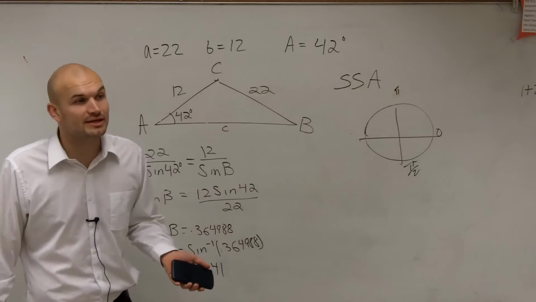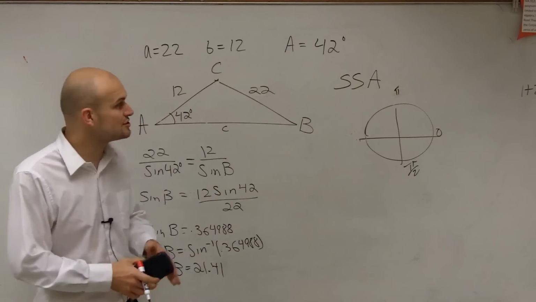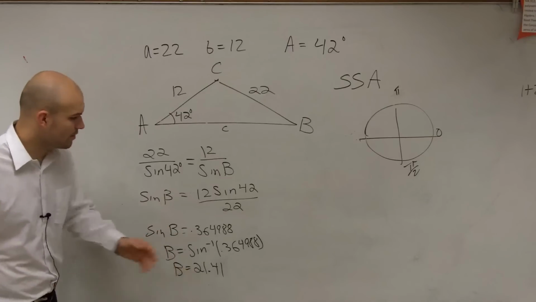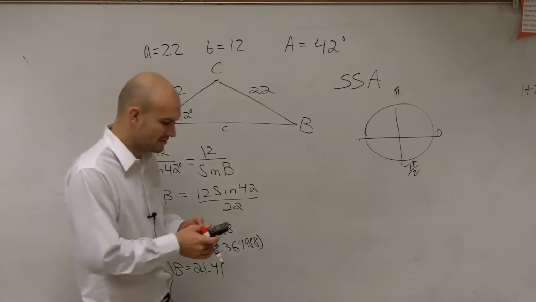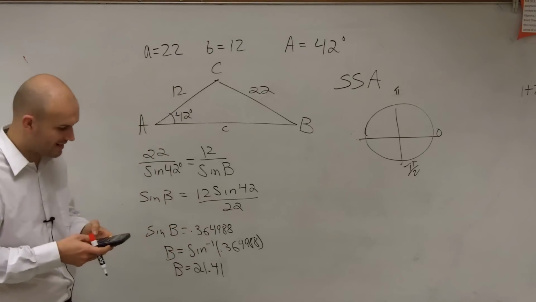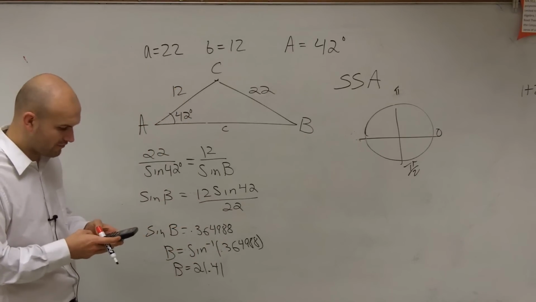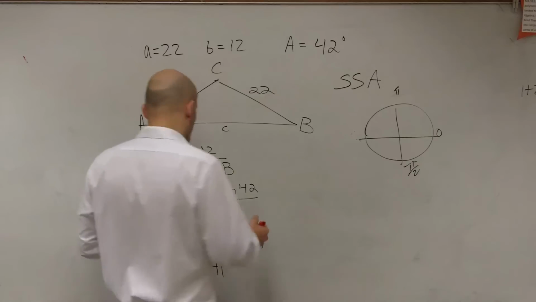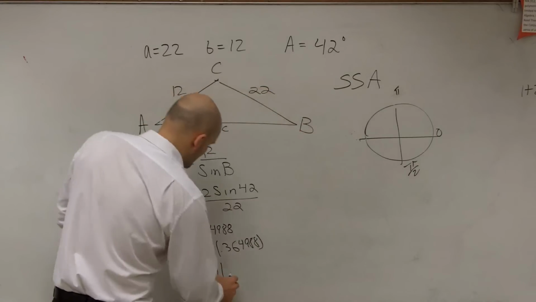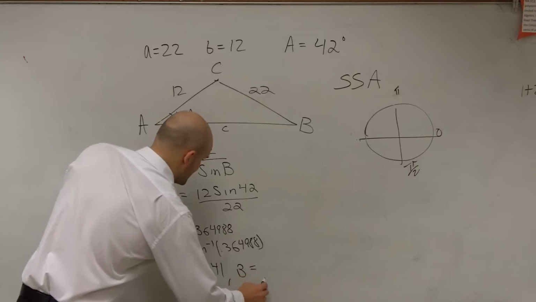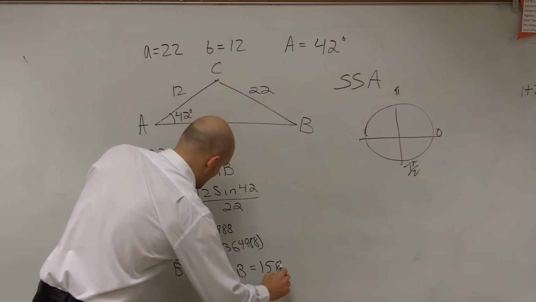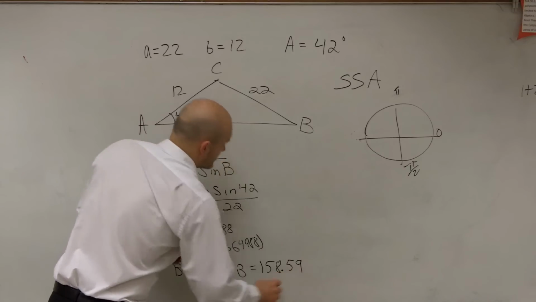So there's a possibility of having a couple different solutions when taking the inverse sine. So what we're going to do is subtract this from 180. I'm going to do 180 minus 21.41. So b could also be another solution of 158.59.